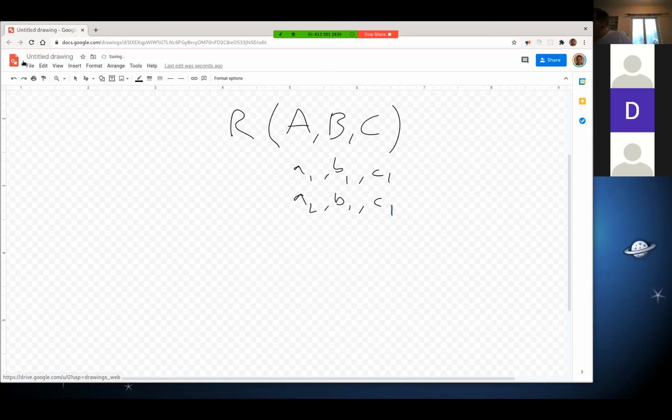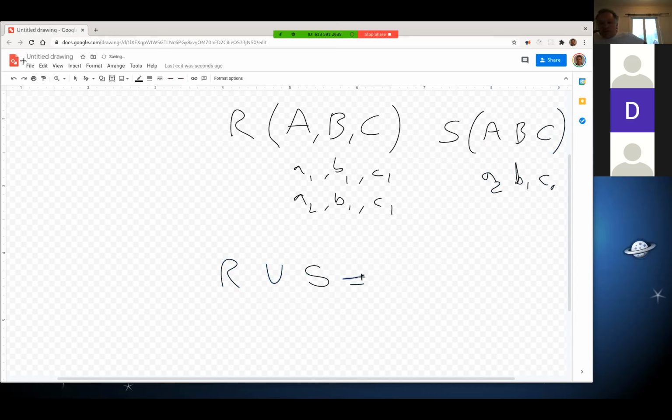I'm going to bring in another table here, S with attributes A, B, C, and say that it has a tuple A2, B1, C0. So we have two relations here, and the question is, what is R union S? What does that equal?